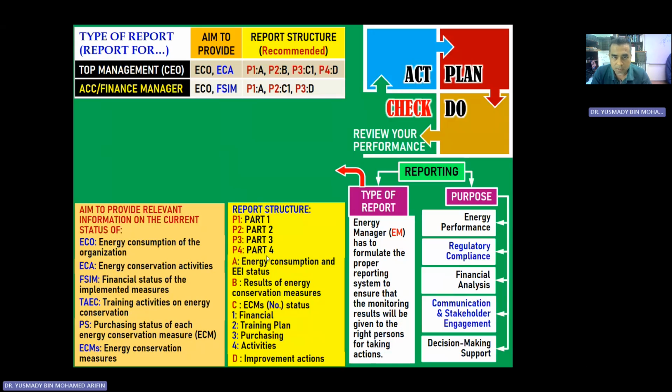In terms of report structure, there will be 3 parts. Part number 1, in terms of content, is energy consumption and EEI status. Part number 2, in terms of content, is C1, energy conservation measures based on financial status. And part number 3 refers to the improvement action.